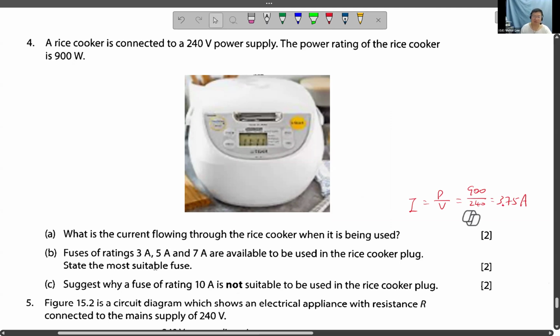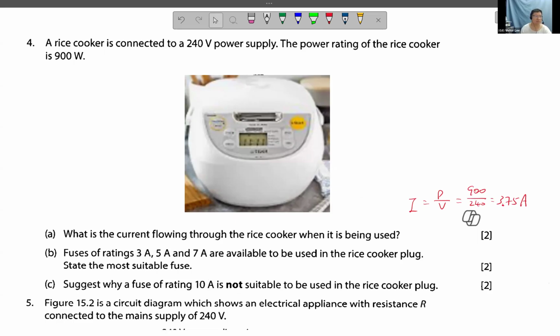Next one. Which fuse do you use? Your operating current is 3.75. Which is closest and yet still higher? 5. Yes, I use a 5 ampere fuse.